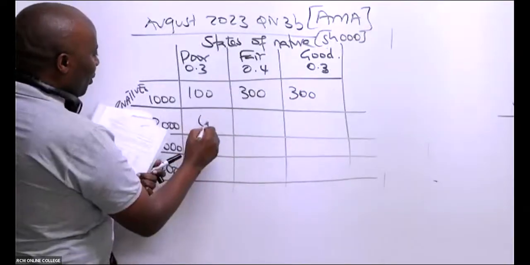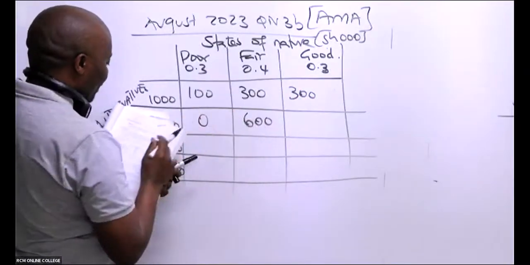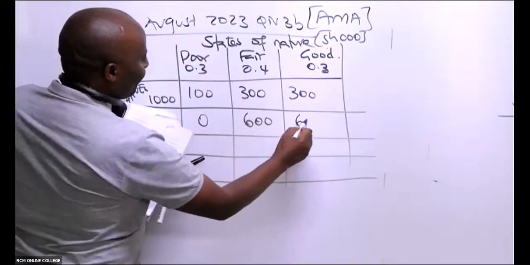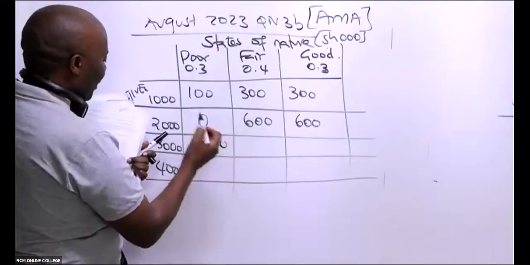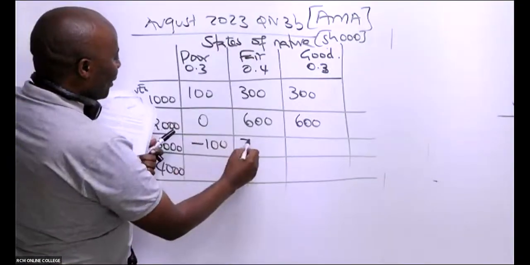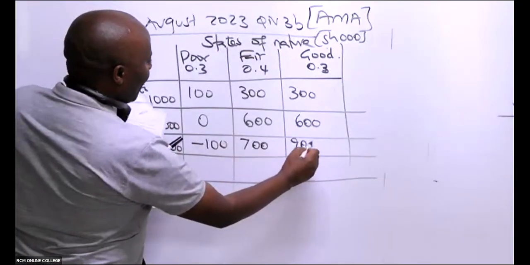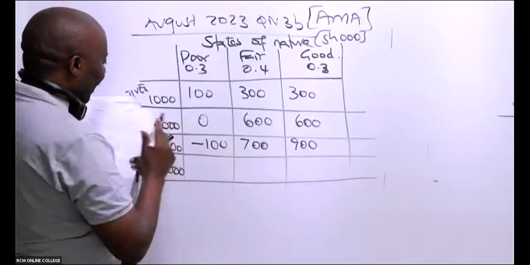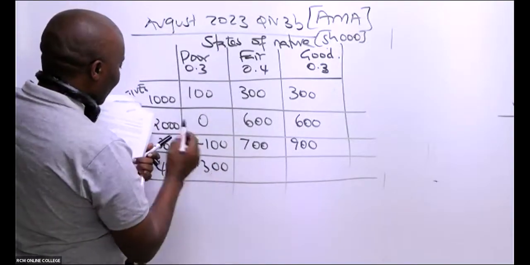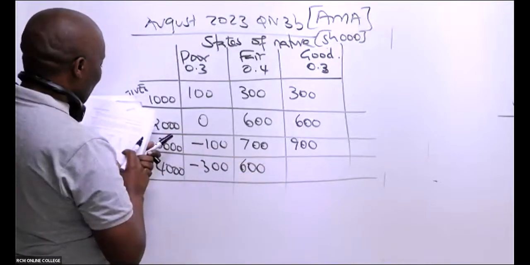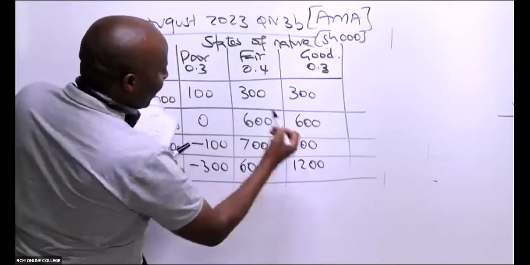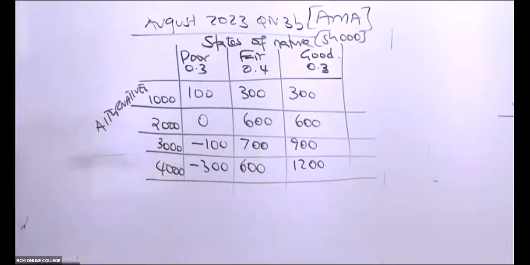Then we have 0, 600, 600. Then we have minus 100, 700, 900, then we have minus 300, 600, then lastly we have 1,200, like that.